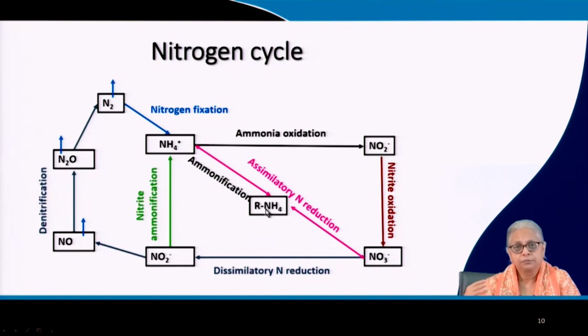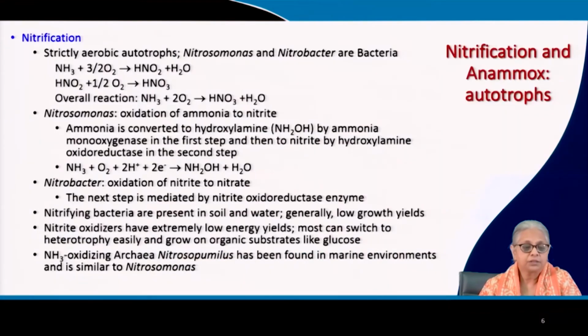When you think about wastewater, one of the biggest things it contains is organic nitrogen, shown as RNH4. The first thing that happens is that it becomes free ammonia, and this free ammonia is then converted by oxidation to nitrite and nitrate, and that is what we're going to look at.